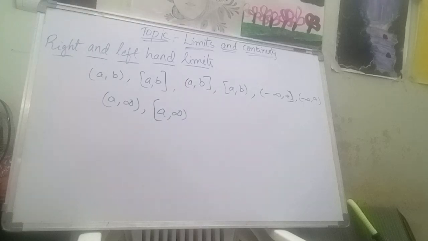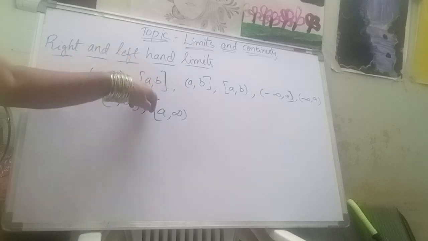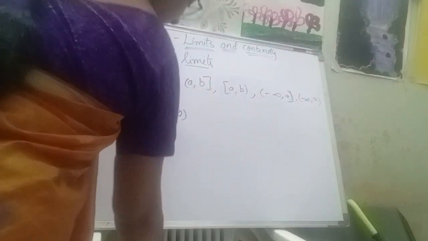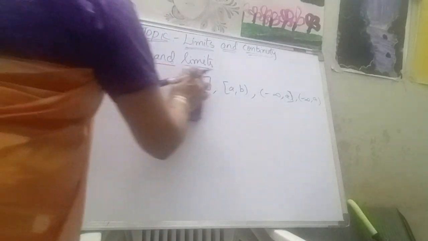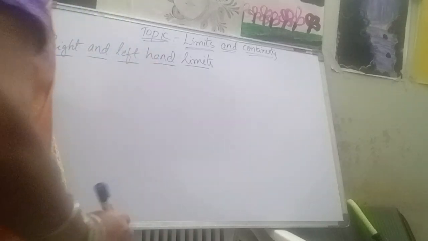These are the intervals, right? On the left hand side one element and on the right hand side one element. In each limit you are having two types of limits, that is right hand and left hand limit.